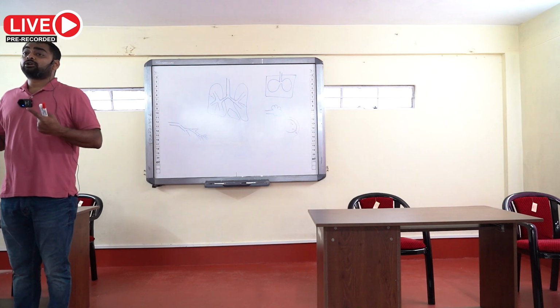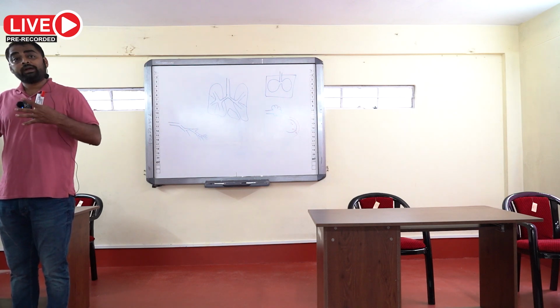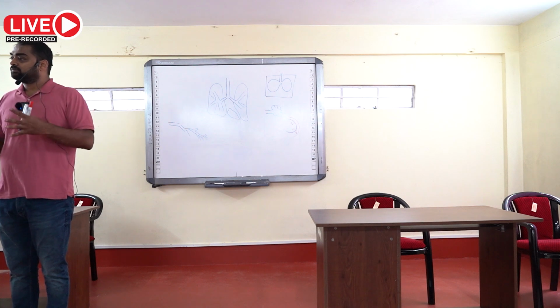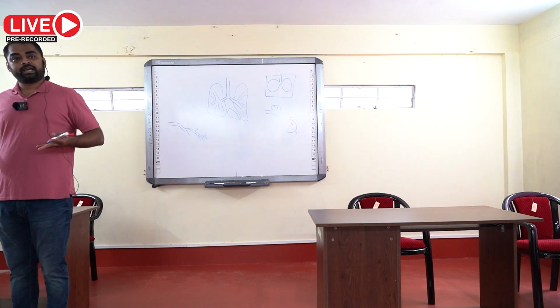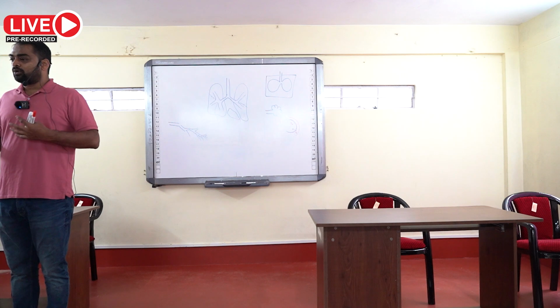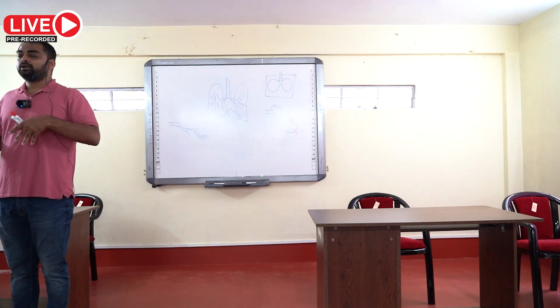Though this room is a closed room, the room can also expand and contract. The rib cage can move, no? The diaphragm can go down, the rib cage can move up and out and in and down.